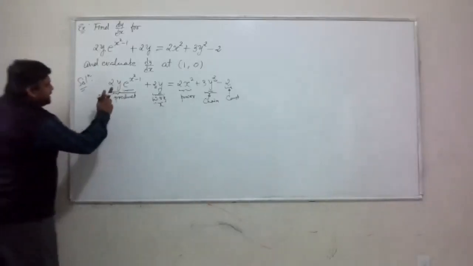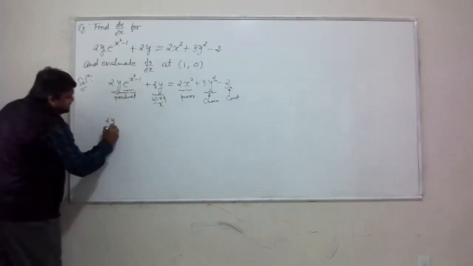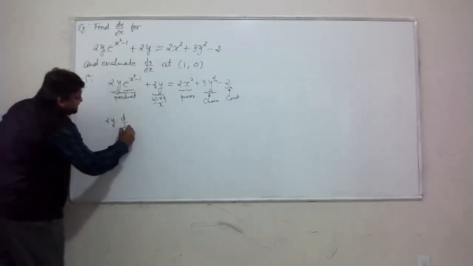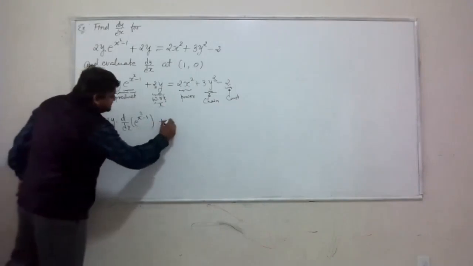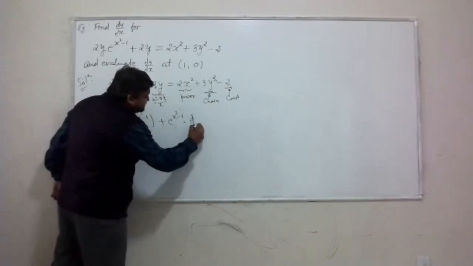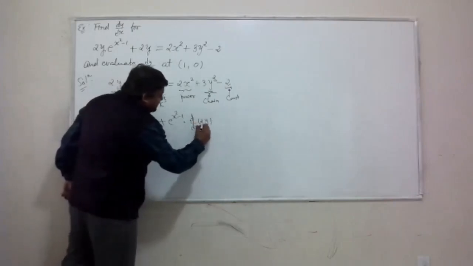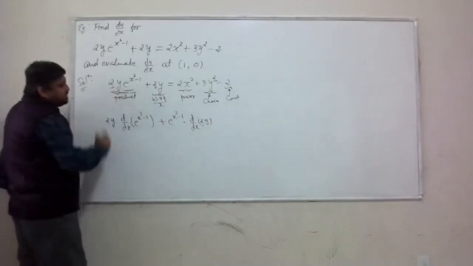Let's do that. Do the setup of the product rule. Look, first factor times d by dx of the second factor plus second factor times d by dx of the first factor. Remember, if a constant is multiplied by an expression involving x, then we don't touch the constant.